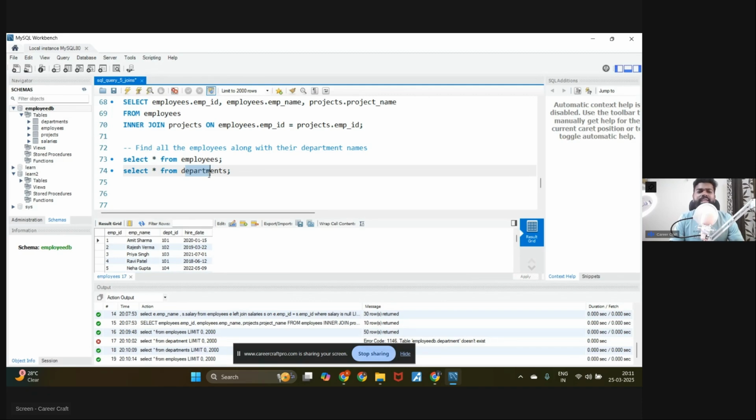Preferably use inner join, because you just want all the common employees and departments, whoever has a department ID assigned. You want the department name, so you should use an inner join. Even if you use left join, it's not a problem. Everyone, try to do it.